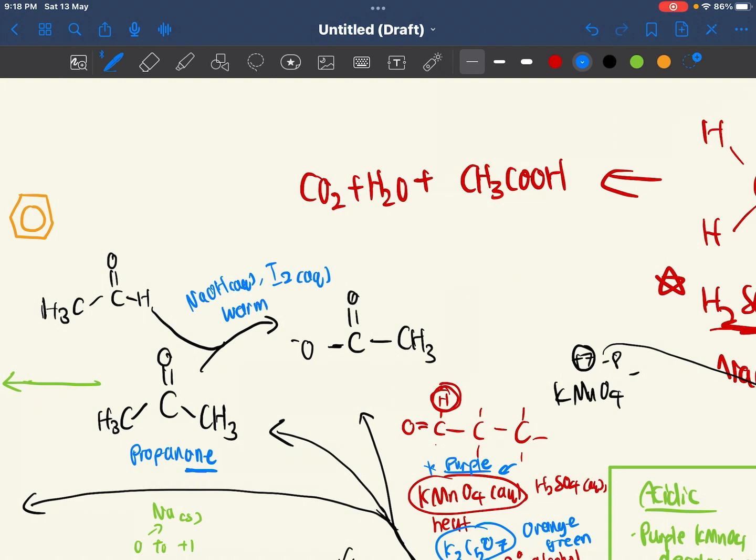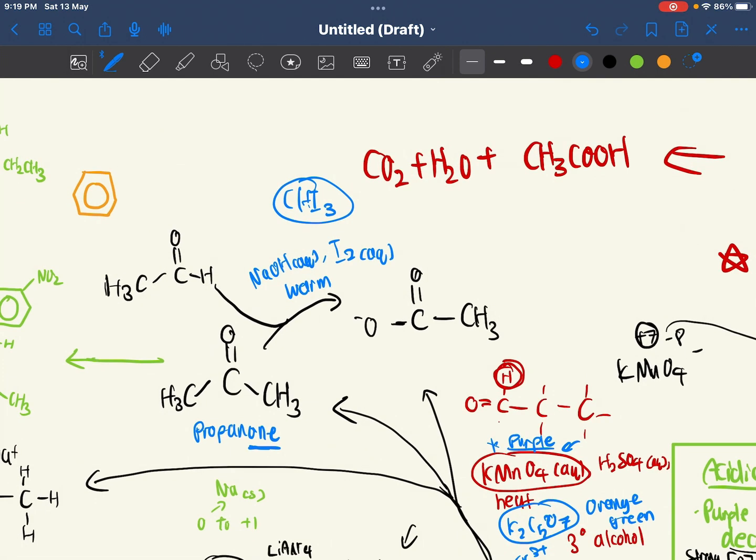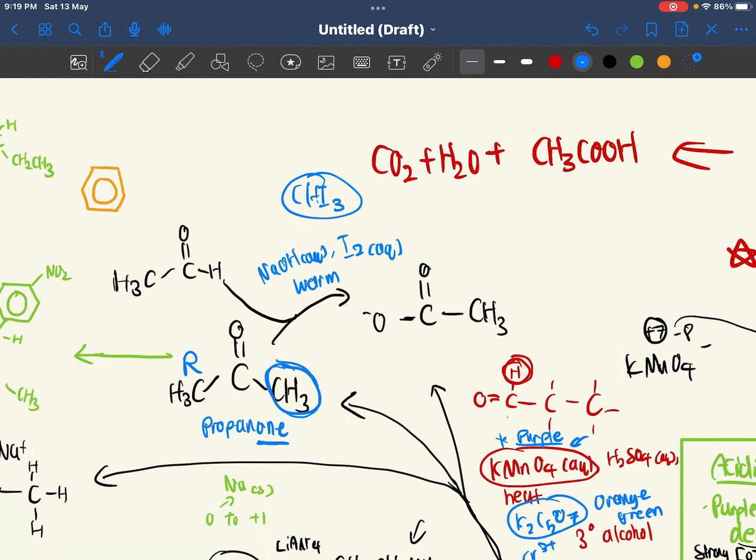We do not want to heat because it will decompose our yellow precipitate. This is a yellow precipitate that will be formed. Specifically, what we can only react is our ketones, if it has a methyl group attached and an R group at the side. This is how it works, only when I have a methyl group.